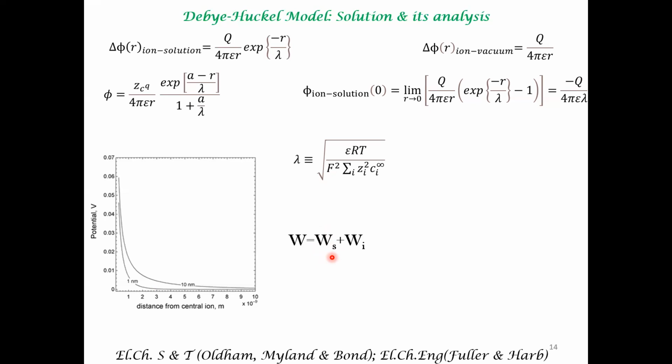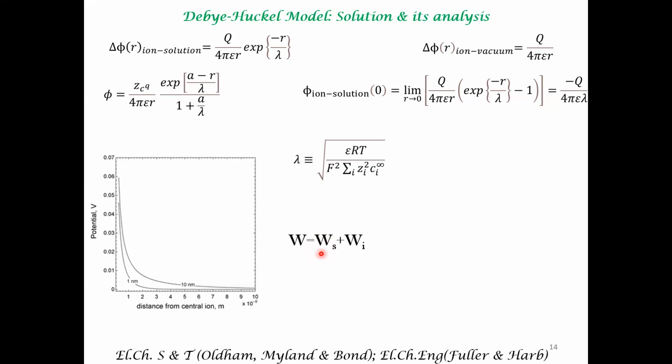The way you would think about that work done in electrostatics is that I start with a spherical ion with Q equal to 0, and then I charge it by adding infinitesimally small charges to the central ion. So I build the charge of an ion from 0 to a particular Q. When I do that, my potential also changes, and with the changing potential, I add more and more charge.